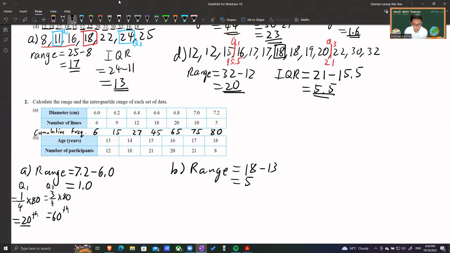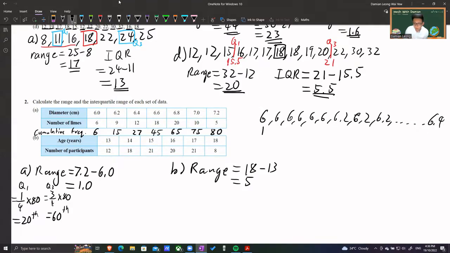Okay, so how do we find that? Basically, the cumulative frequency tells you how the values stack up. A frequency of 6 means 6 repeats 6 times, and then 6.2 repeats 9 times, and then 6.4 repeats 12 times like that.